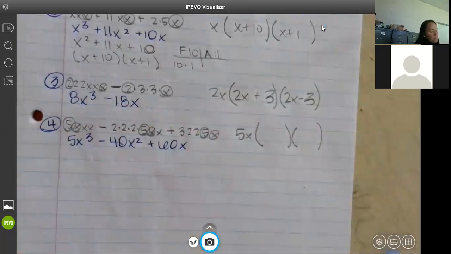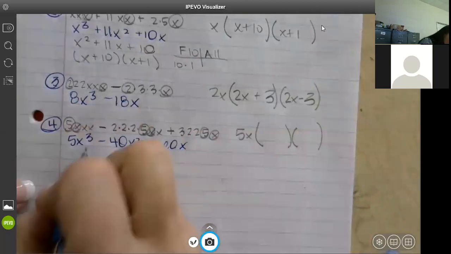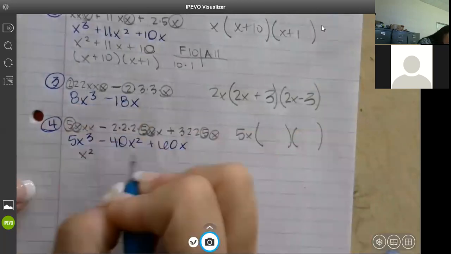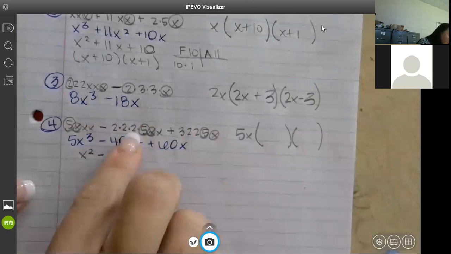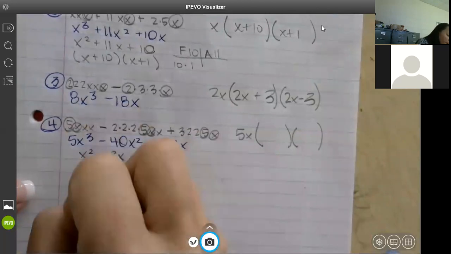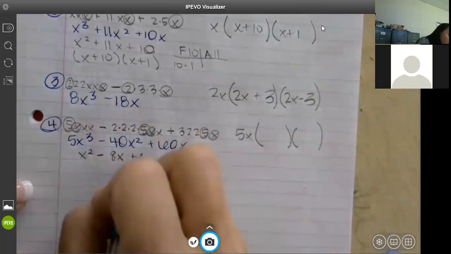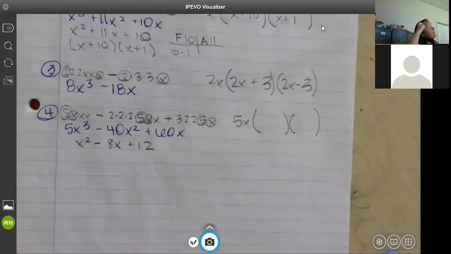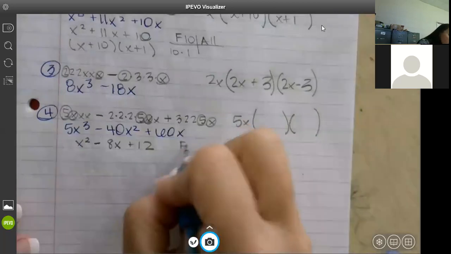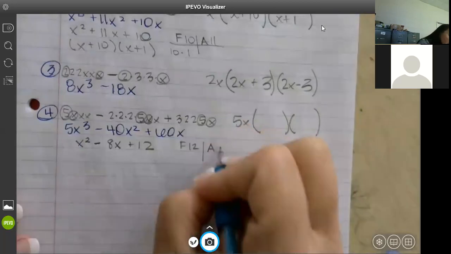That left me with x squared minus 8x plus 12, since 3 twos is 8x, and then 3 times 2 is 6, times 2 is 12. So I have 3 terms and it's cheater method. So factors of 12 that add to negative 8.